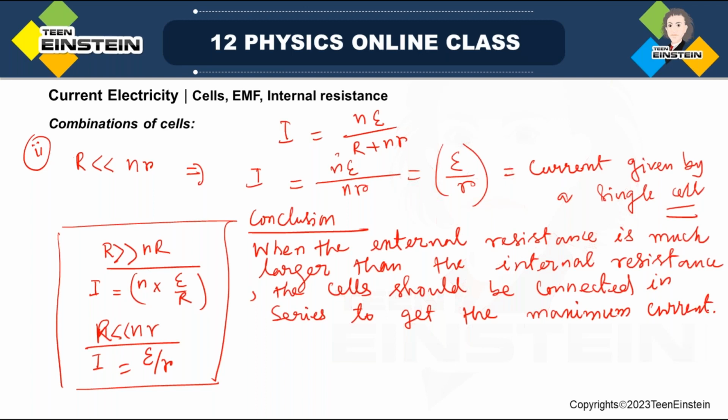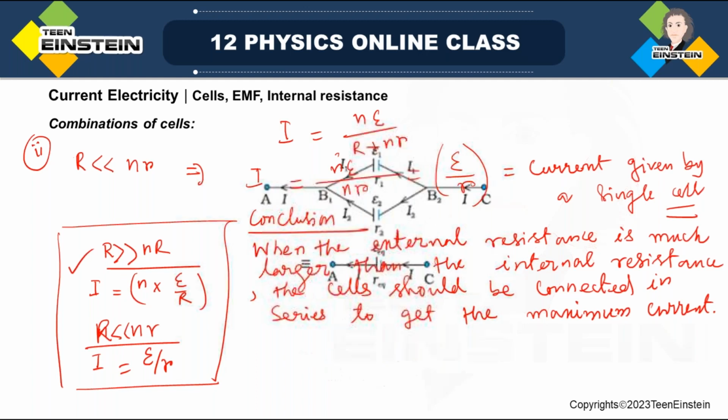Okay, so this is the conclusion, that when the external resistance is much larger than the internal resistances, then we should connect those cells in series to get the maximum current.